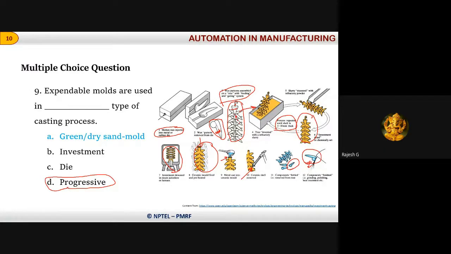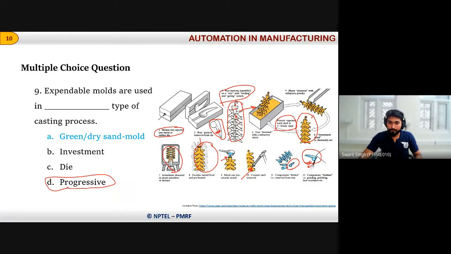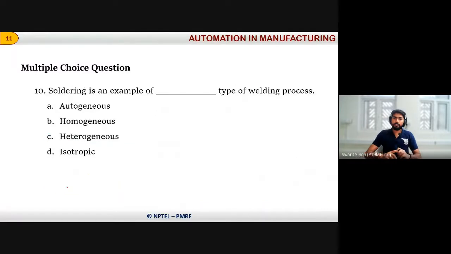Okay, so moving towards the next question. This is the last question for this section. The next question is on the screen, right? Soldering is an example of which type of welding process? The options are autogeneous, homogeneous, heterogeneous.